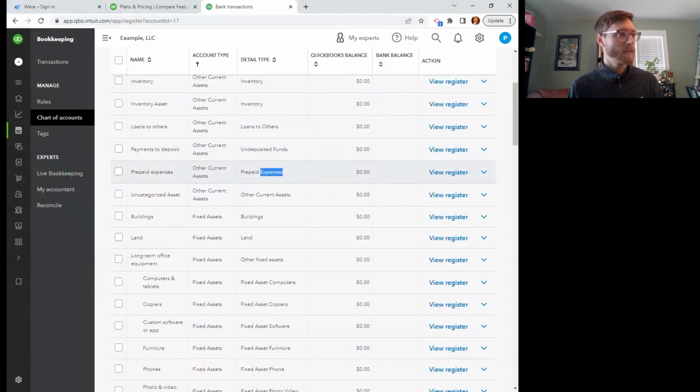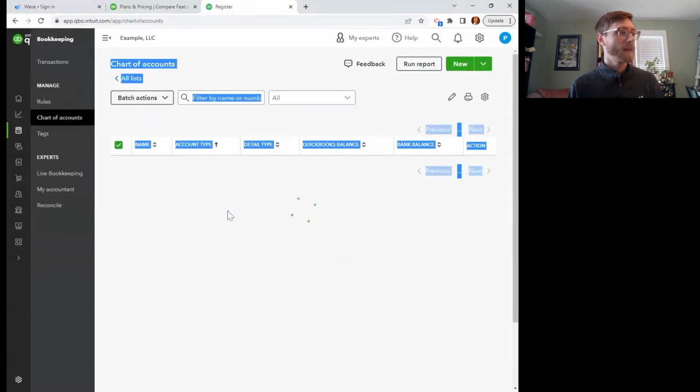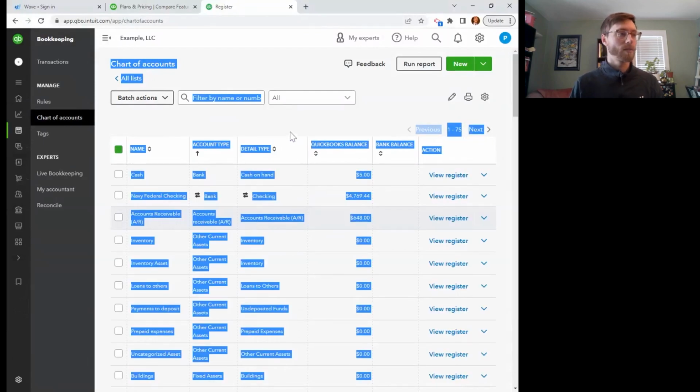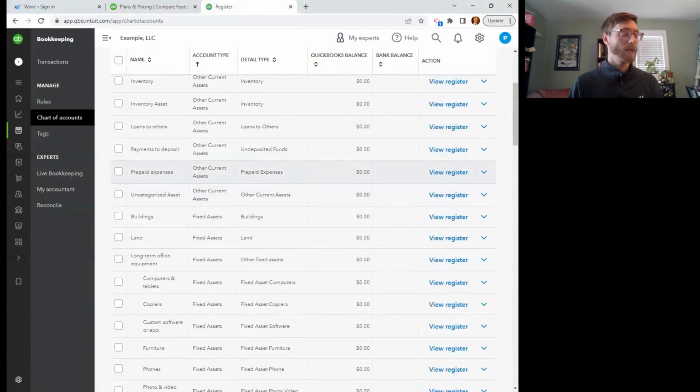Prepaid expenses, that might be something that I've maybe paid for the next 12 months. It's an asset. I've paid for something, and I'm actually owed service or owed products over some future time period.